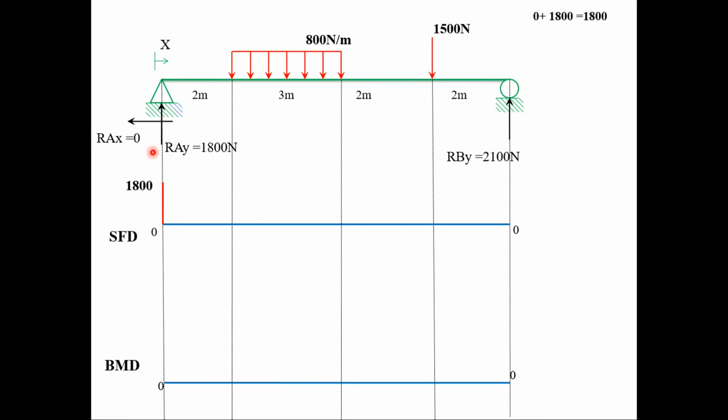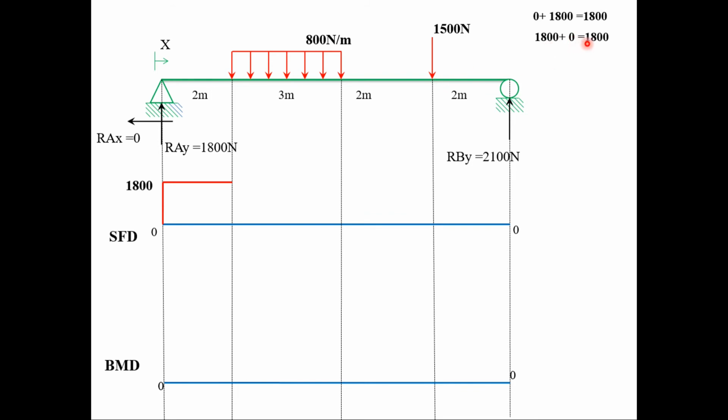So 0 plus 1800 Newton will obtain 1800 Newton. Next, since we do not have any load within this interval between 0 and 2 meter, shear force diagram will be constant. So 1800 Newton plus 0 load, it will also give us 1800 Newton.